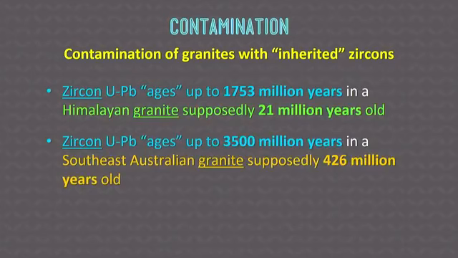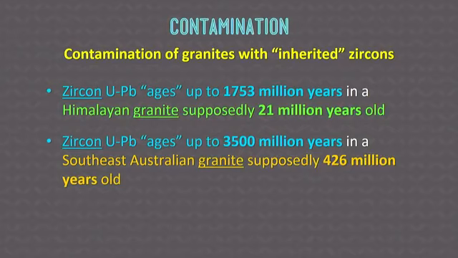So, for example, zircon grains from a Himalayan granite, supposedly 21 million years old, will give uranium-lead ages up to 1,753 million years. Or zircon grains from granites in southeastern Australia, supposedly 426 million years old, will have zircon grains that give ages of 3,500 million years.